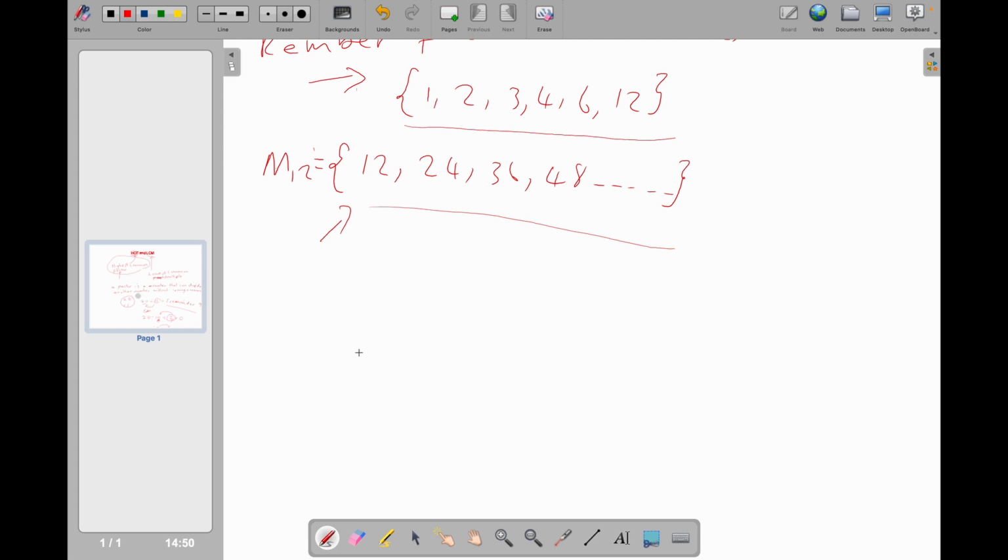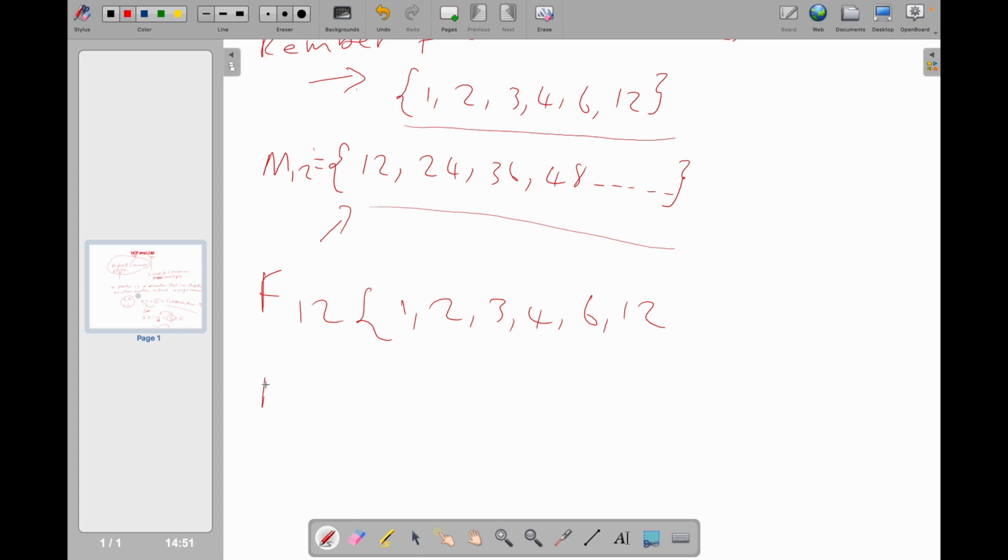There may be common factors, which are numbers that are common. Let's say we have 12 here, and factors of 12 are 1, 2, 3, 4, 6, and 12.